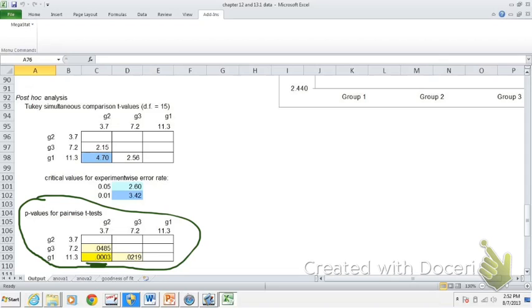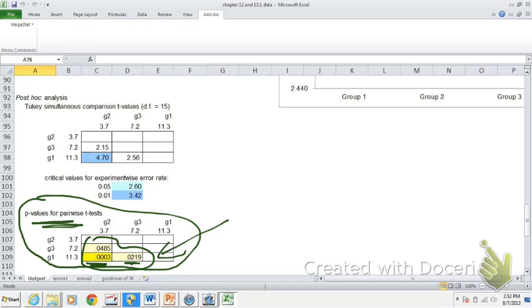Even G3 against G2 has a p-value of 0.0485. And you compare that to a 5% alpha level, they're all significantly different. G1 against G3 has a p-value of 0.02. Okay, so the Tukey test will give you the p-values for the pairwise t-test, which is very nice.